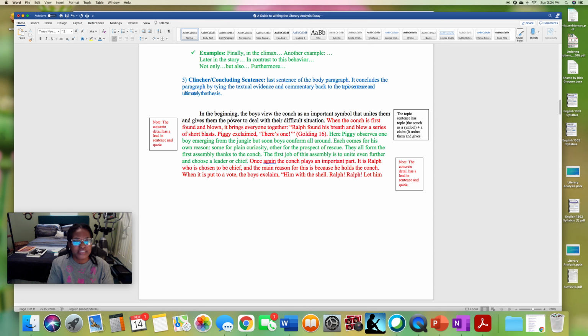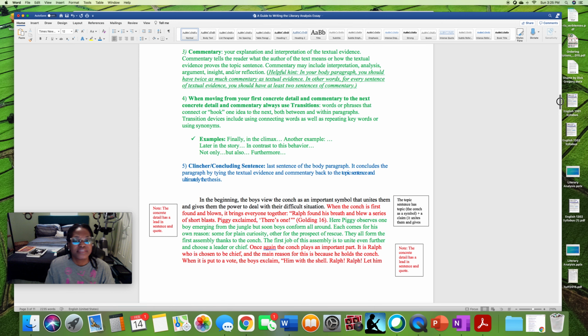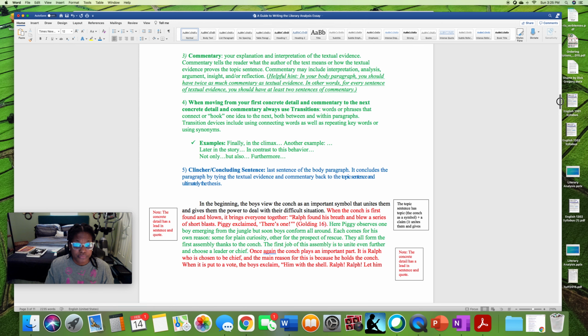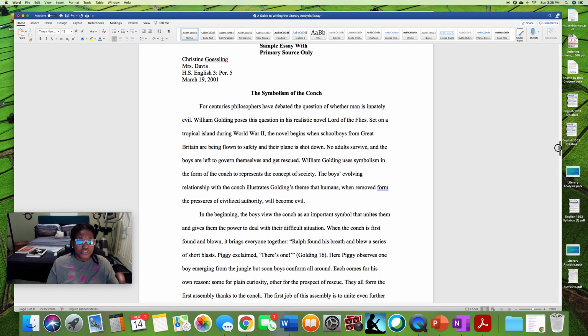The thesis statement from this story is that William Golding uses the conch as a symbol, and that conch symbolizes how the theme of humans, when they're removed from society, will become evil. So here's the theme.